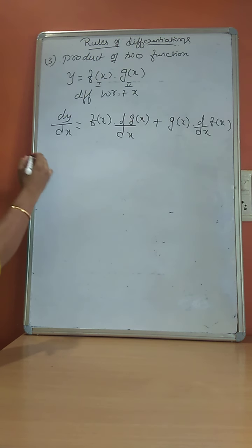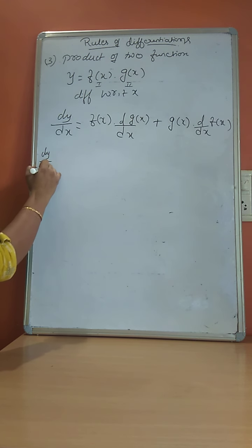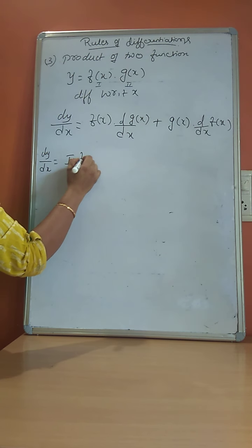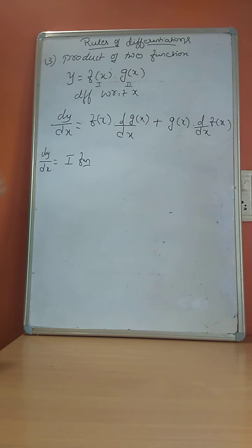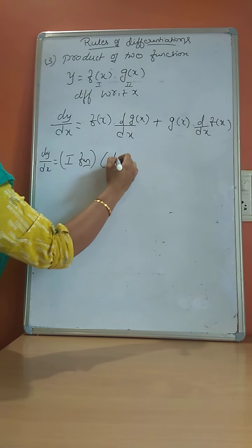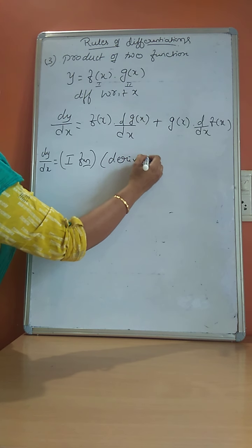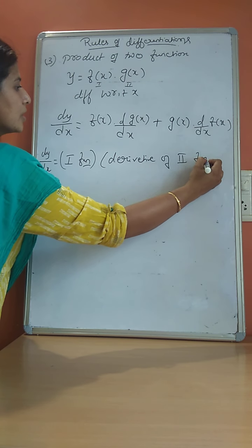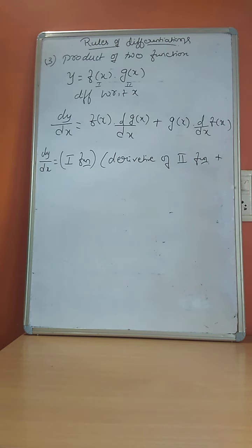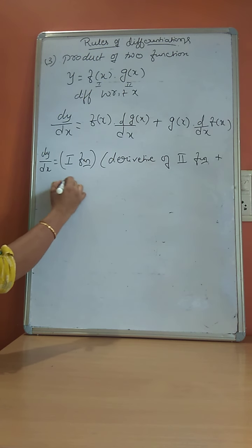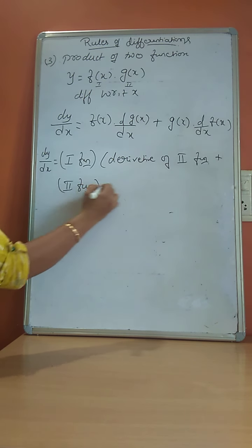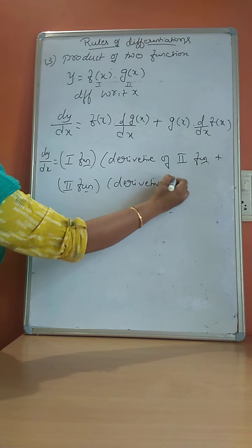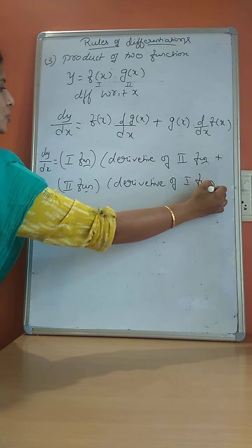That is dy by dx is equal to first function into derivative of second function plus second function into derivative of first function.